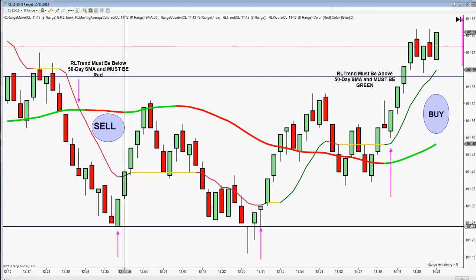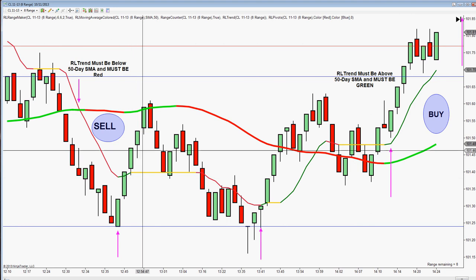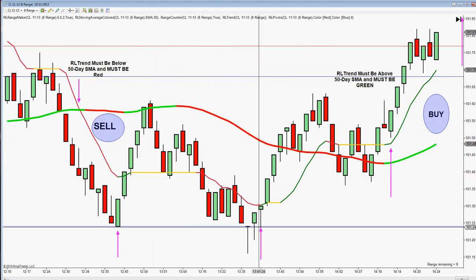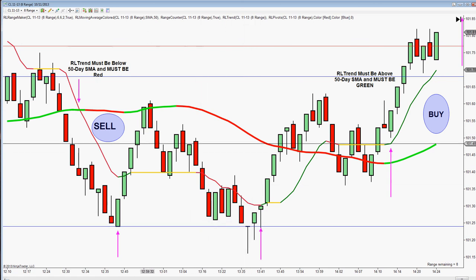It's blue, demarcating support, and turned up. Prices come down, hit the trend line, and turned up. We also have an area of pivot support here, an area of pivot resistance here.